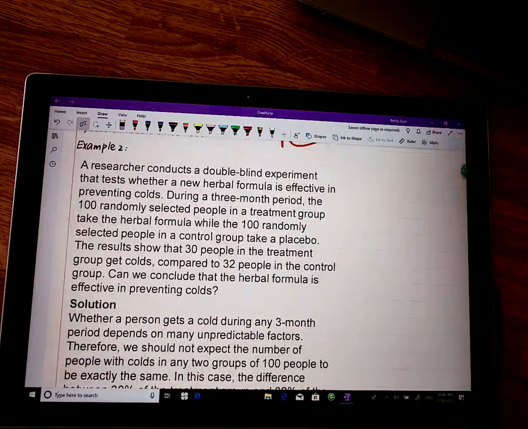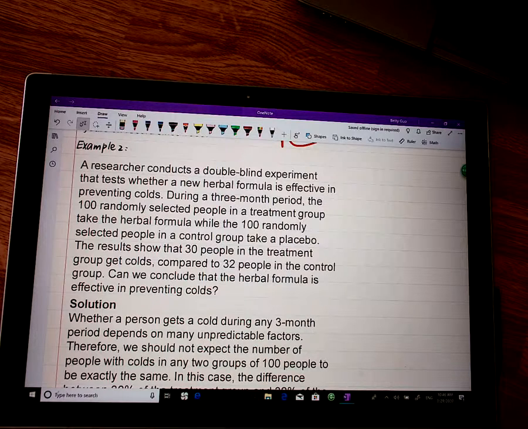Example 2. A researcher conducts a double-blind experiment that tests whether a new herbal formula is effective in preventing colds. During a 3-month period, the 100 randomly selected people in a treatment group take the herbal formula, while the 100 randomly selected people in a control group take a placebo.